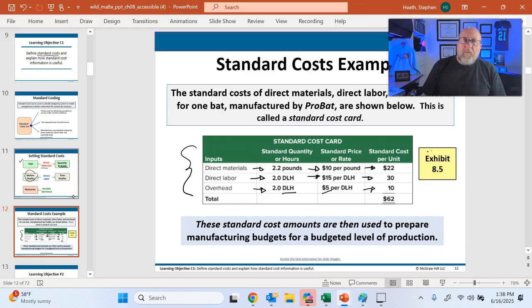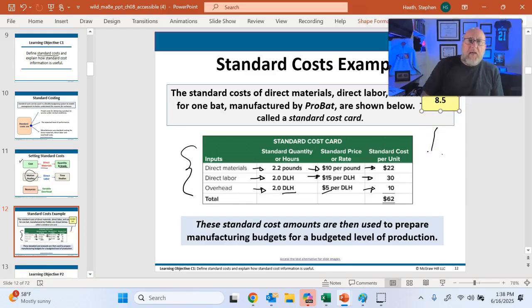Then, leading into my next learning objective, but just kind of a hint, now I can say, hey, I can compare the standard cost to the actual cost. And maybe it's the case that my actual cost was $25, and therefore the variance is $3.